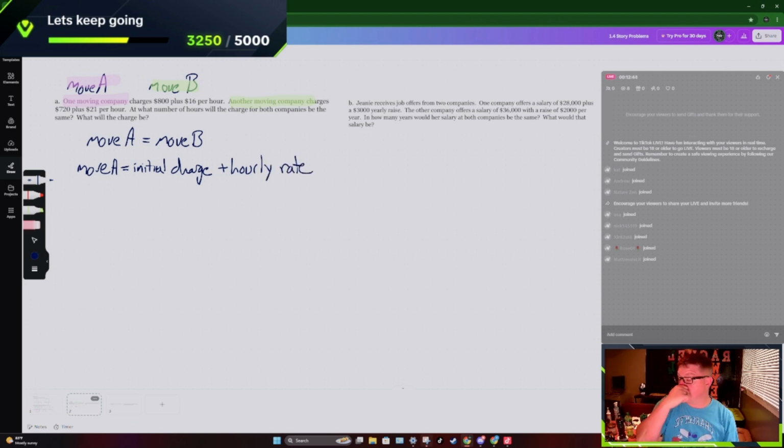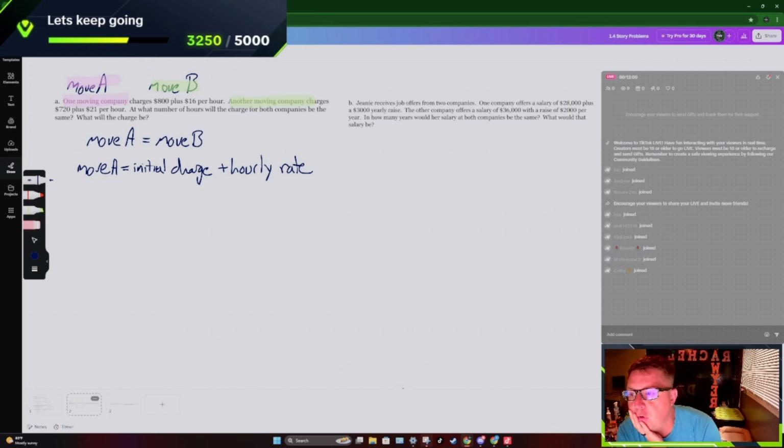And you're going to see this in a lot of story problems. This is a very popular style of problem. They're going to give you an initial charge, like a cell phone policy. There's an initial charge, and then there's a monthly charge. They do that a lot in story problems.